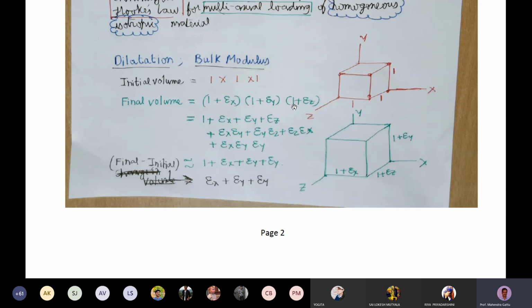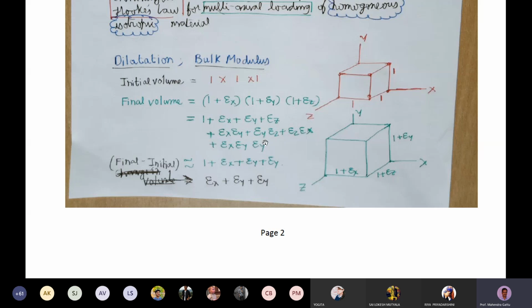There are 2 into 2, which gives 4 terms, and then 4 into 2 gives 8 terms. So the 8 terms are here: 1, epsilon x, epsilon y, epsilon z, epsilon x epsilon y, epsilon y epsilon z, epsilon z epsilon x, and epsilon x epsilon y epsilon z. So we have 8 terms.